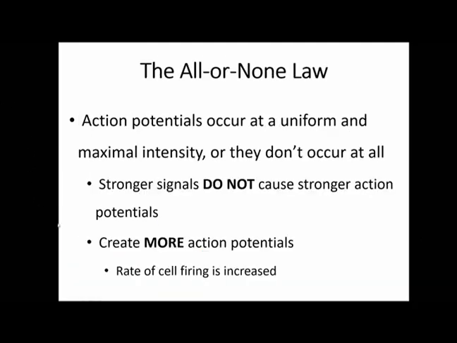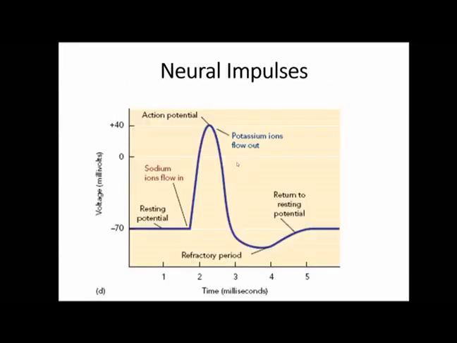For another rule, we can talk about the all or none law. This law states that action potentials, that electrical firing, will occur at a uniform and maximal intensity, or they don't occur at all. What that means is that this graph showing the change from -70 to +40 and then back to -70 is going to happen every single time.